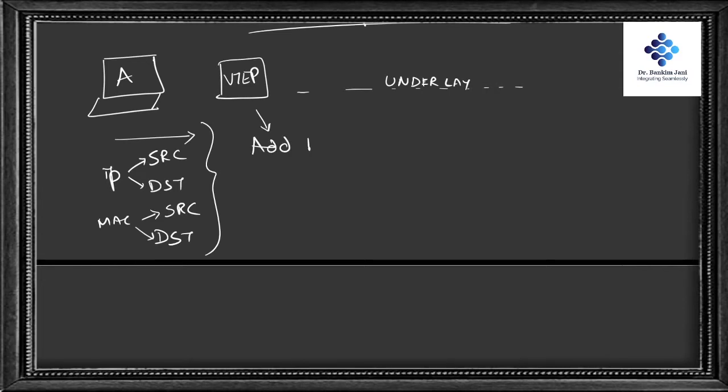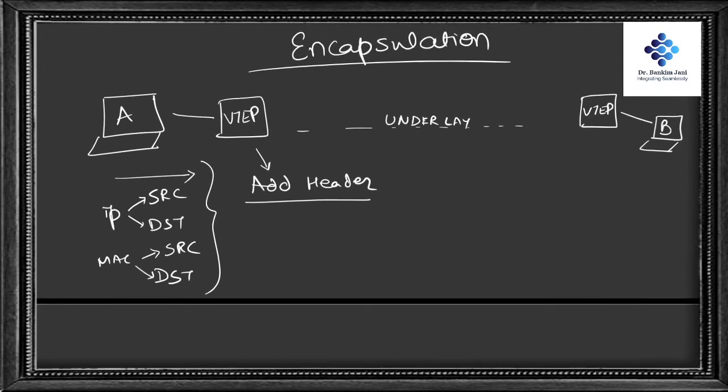I need to add a header, so that I hide your entire data, because this will be displayed only on my last VTAP, and from there it would be delivered to this B, right? It would be the last VTAP, and that's how it would be delivered.